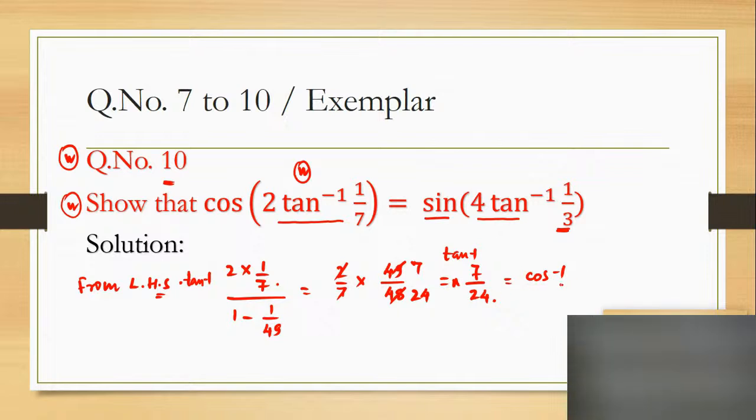So we write cos inverse, and instead of p we have 7 and b equal to 24, and h is the square root of 7 square plus 24 square, which is 49 plus 576, then we get 625, and the square root of 625 is 25.